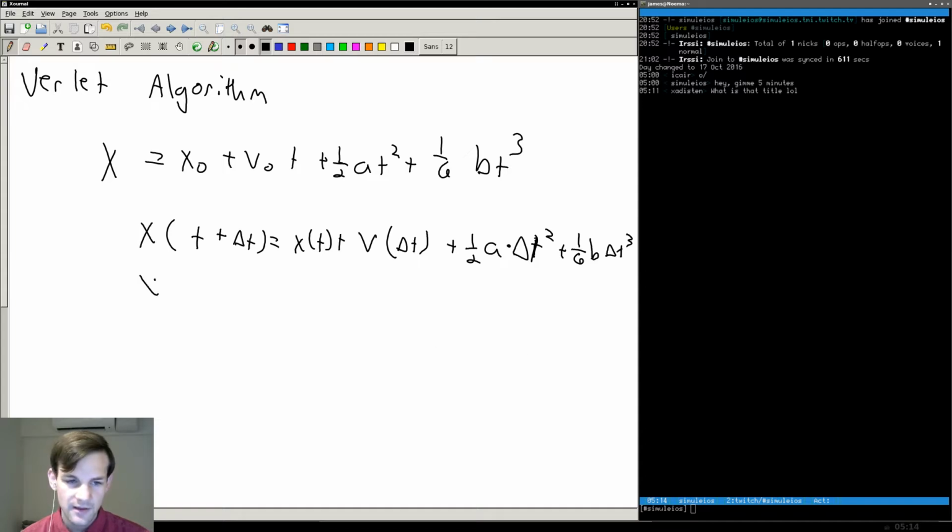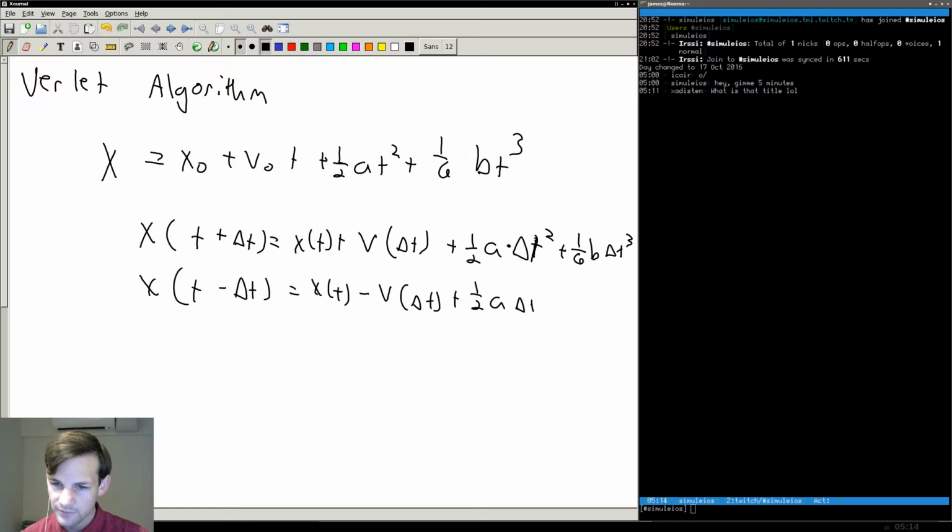Then we have x at t minus delta t is going to be equal to x of t, whatever it is at that time step, minus v delta t plus 1/2 a delta t squared, and then minus 1/6 b delta t cubed.